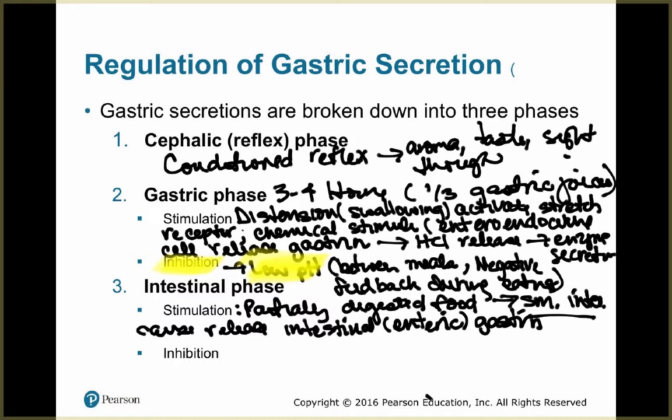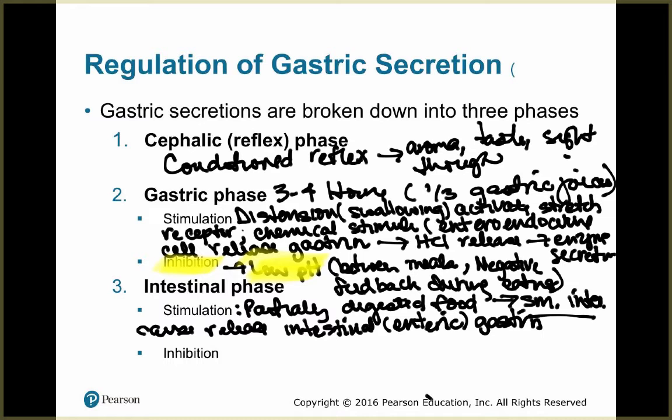And so basically you have partially digested food, maybe not all the way, it gets into the small intestine, so it's going to tell the stomach, hey, release more gastrin, gastric juices into the stomach so we can continue secreting the activity and breaking things down.